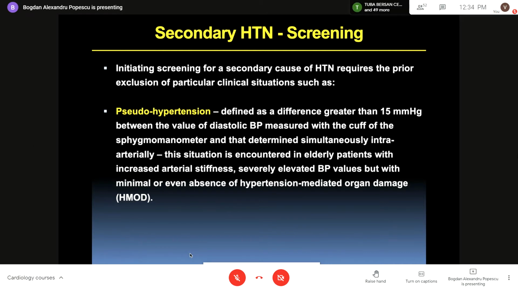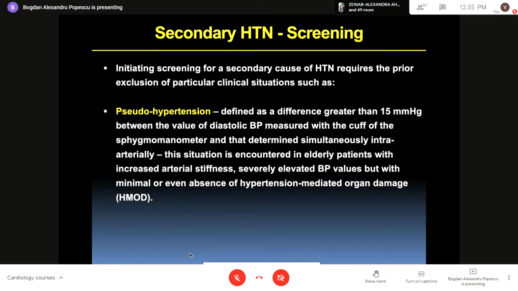We have an entity that we call pseudo-hypertension. That is, in some situations there may be a difference between the pressure measured non-invasively in the usual way and the pressure measured invasively inside the vessel.